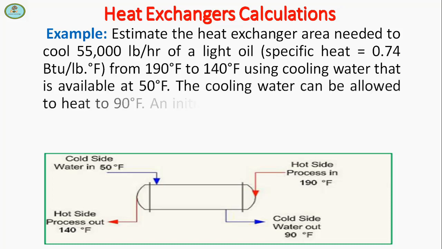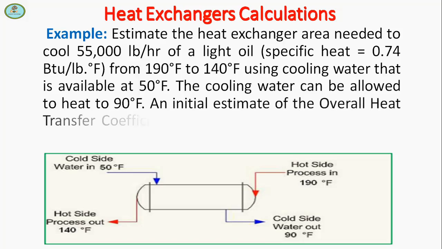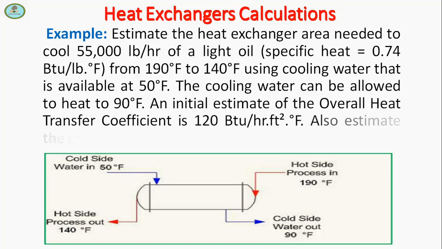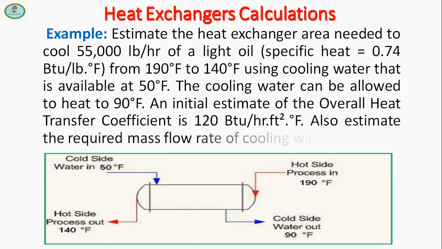That cooling water can be allowed to heat to 90 degree Fahrenheit. An initial estimate of the overall heat transfer coefficient is 120 BTU per hour feet square degree Fahrenheit. Also estimate the required mass flow rate of cooling water.